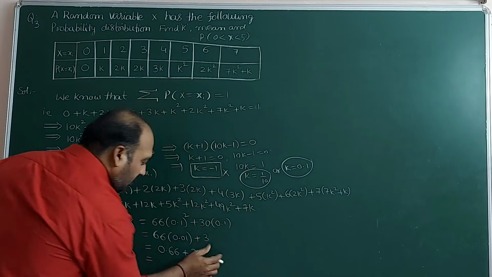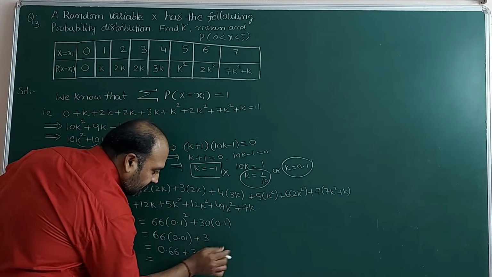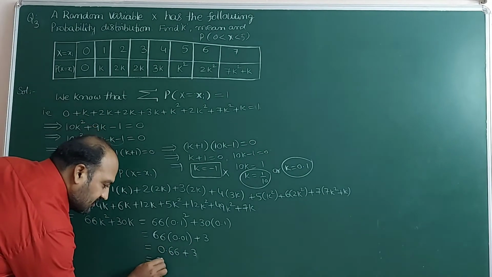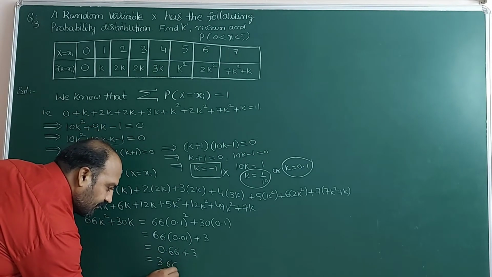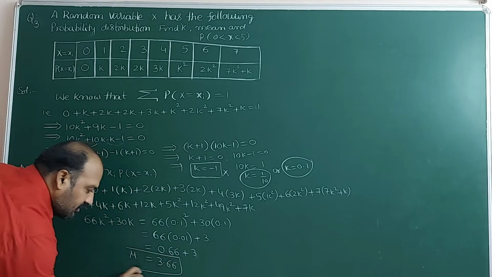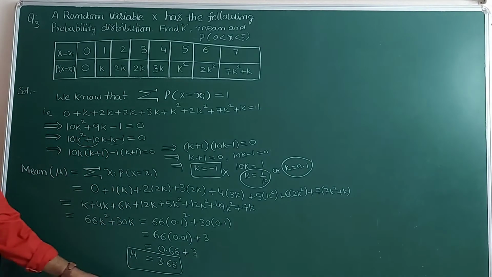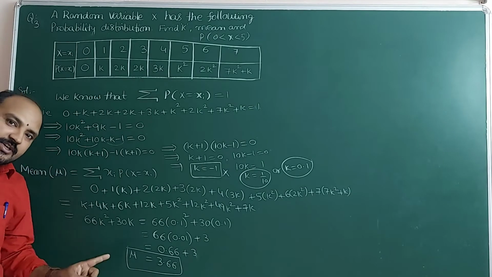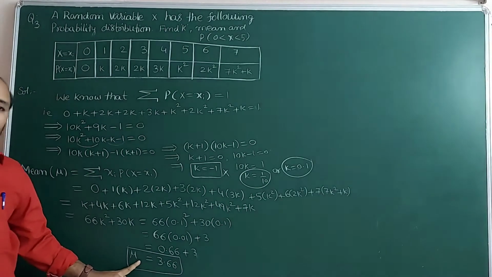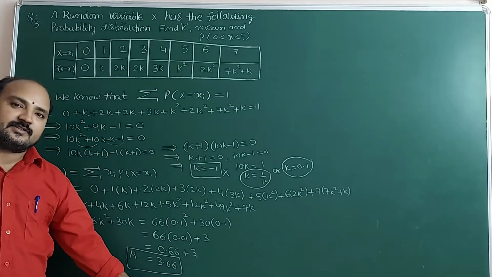Better to come this side only. So 3 plus 0.66, 3.66. Therefore, the mean of the random variable mu equal to 3.66. Are you able to see? Yeah, exactly. So mu equal to 3.66.